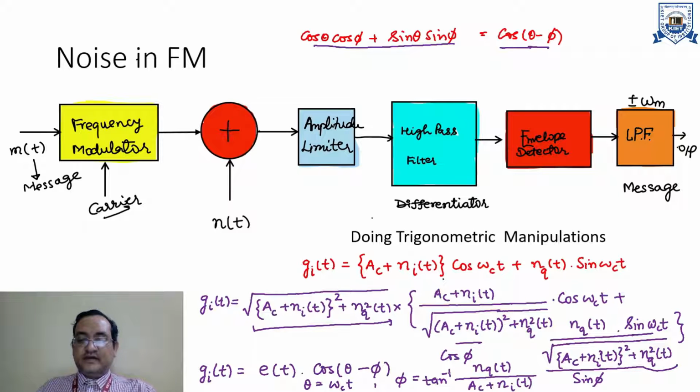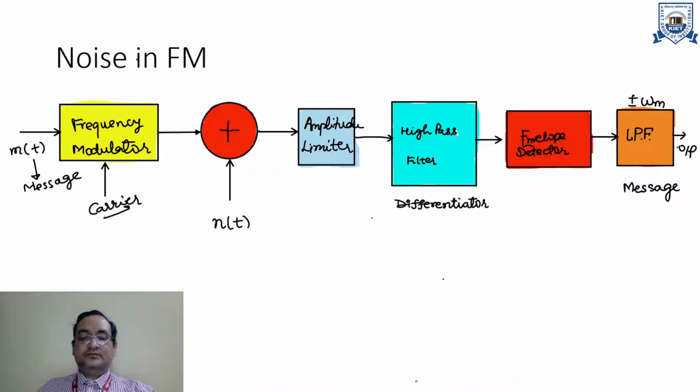Now as phi is also dependent on t, I can write it as phi of t. Now I can write g_i(t) as E(t) cos of omega_c t minus phi(t).